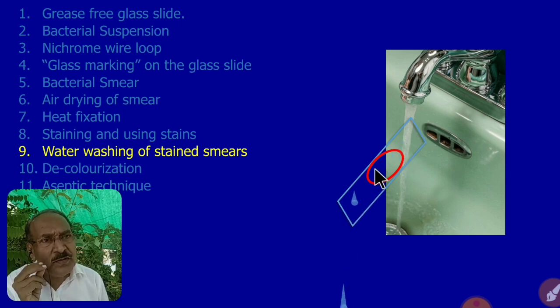Continue this trickling of water, and you can see at the bottom of the slide, when the water dripping is colorless, or clear water, then you can say that excess unused stain from the smear has been removed. So this is known as water washing of stained smears.